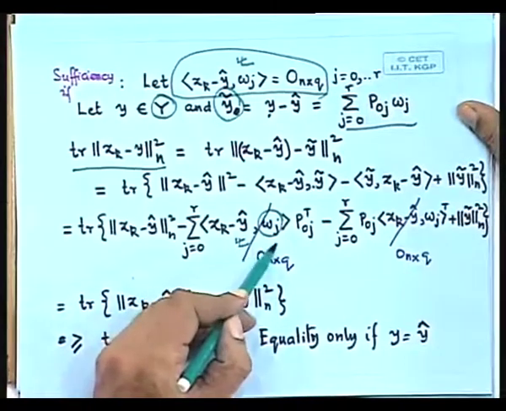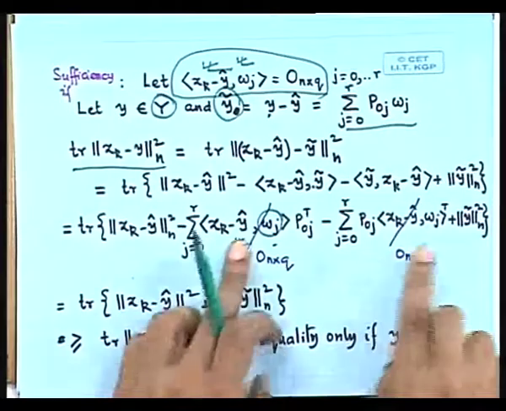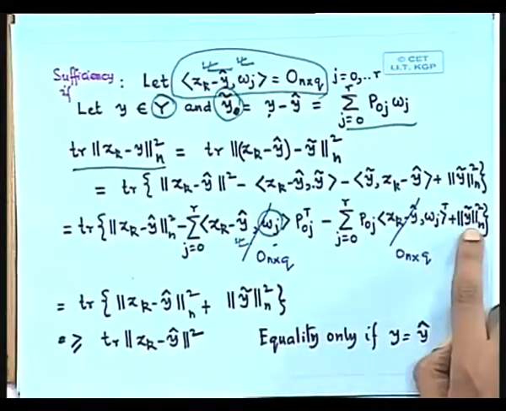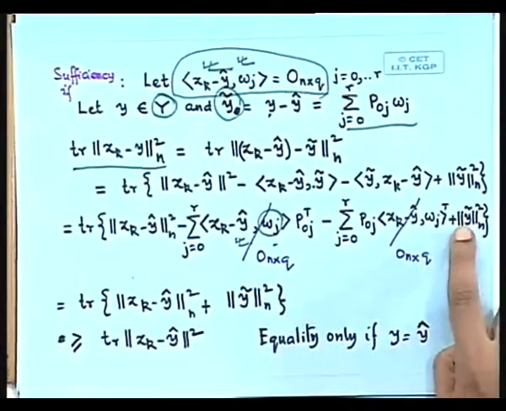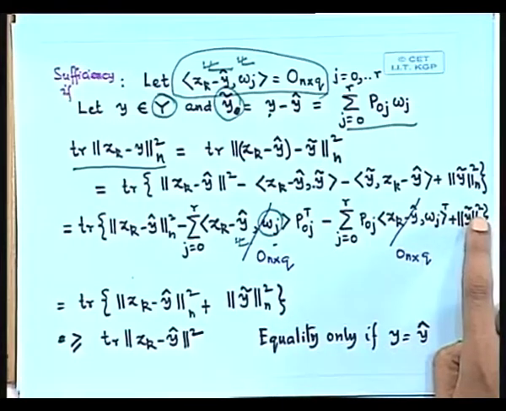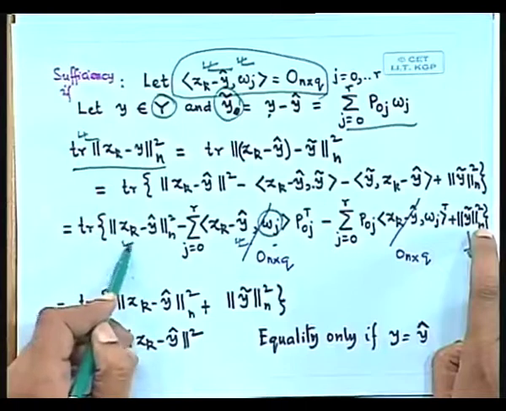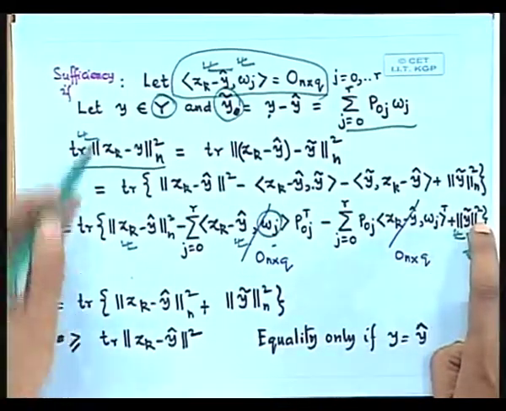Now each of these inner products is 0 by this assumption. So these two terms will go away, they will become 0, and only this will remain. Now this is obviously positive because it is the same vector squared. So same vector squared must be positive, which means that this plus this one is positive, which means that this is greater than this.